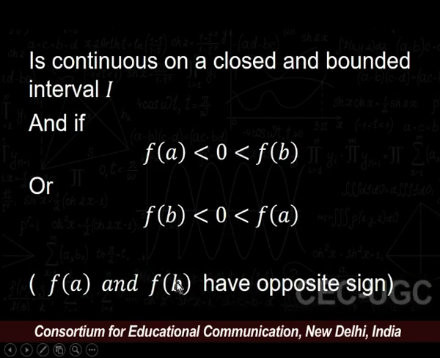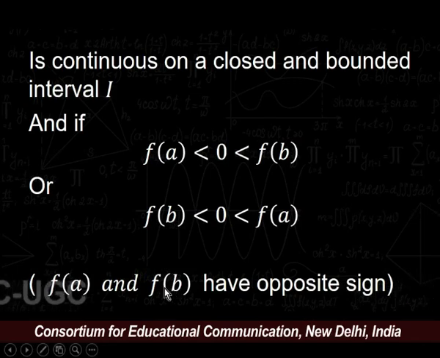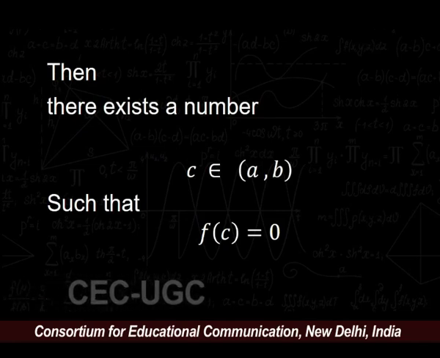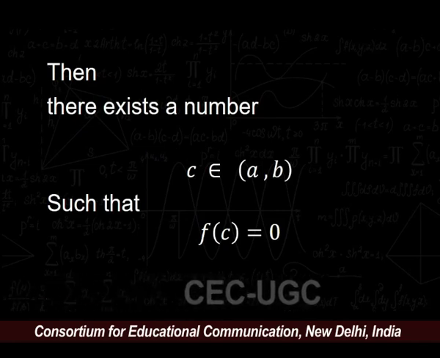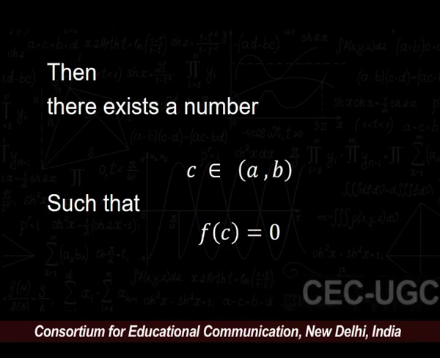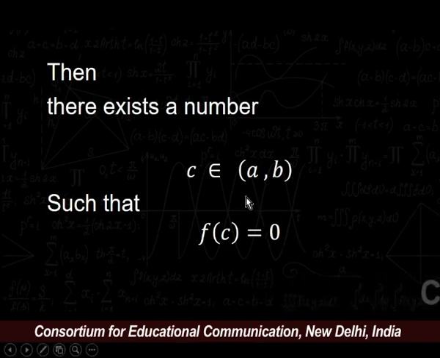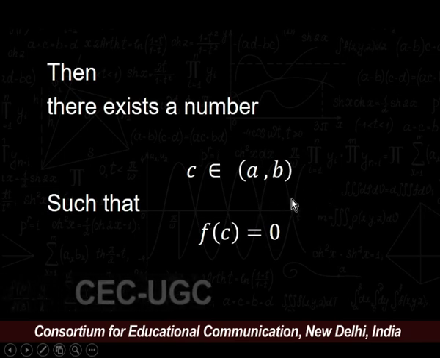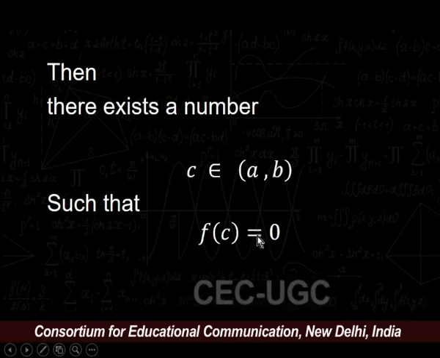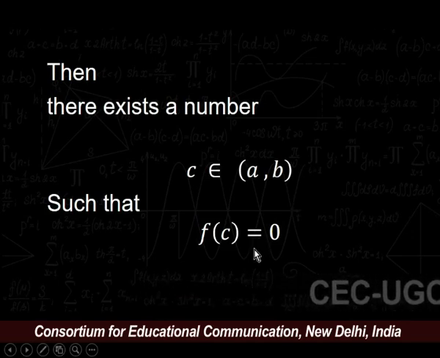That means f of a and f of b have opposite signs. Then there must exist a number c belonging to the interval a comma b, in fact belonging to the open interval a comma b, such that f of c is equal to 0.